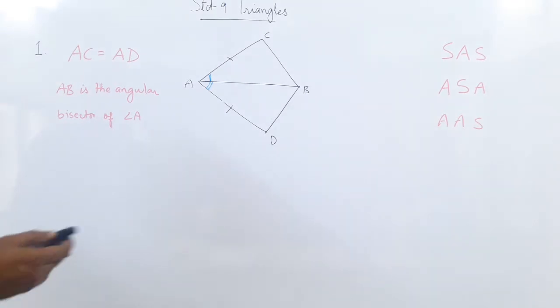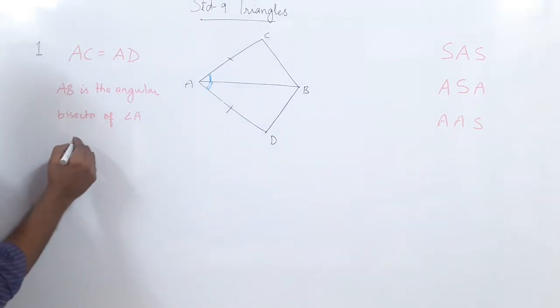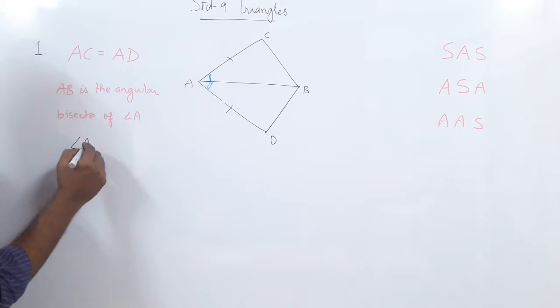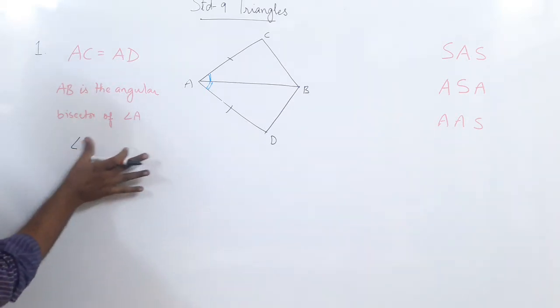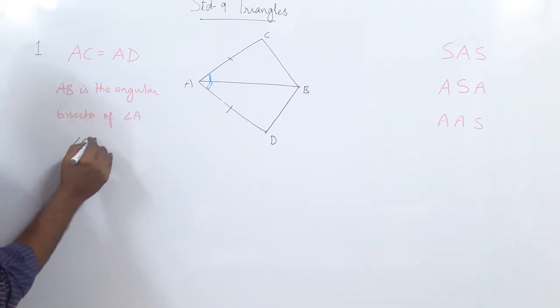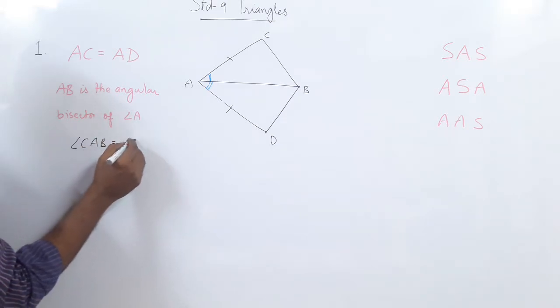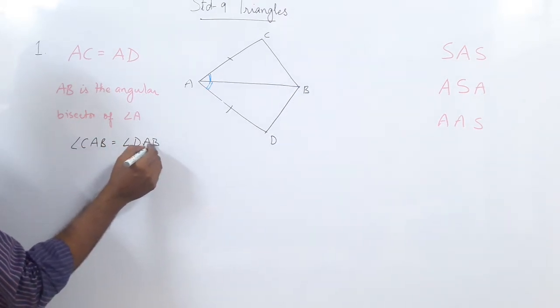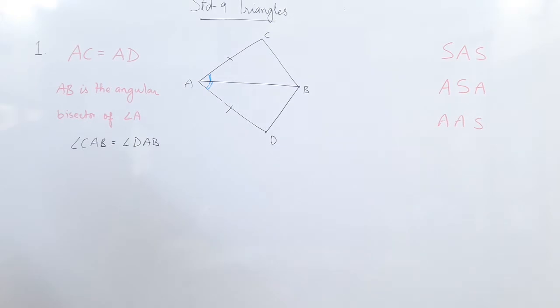So we have angle CAB equal to angle DAB. So how do we write the sum? We begin the sum here.